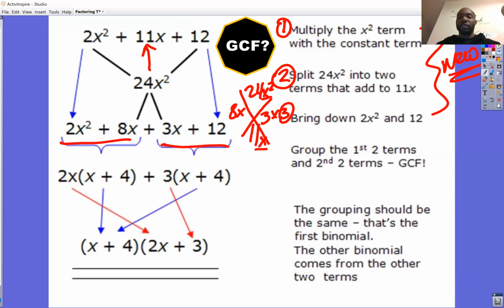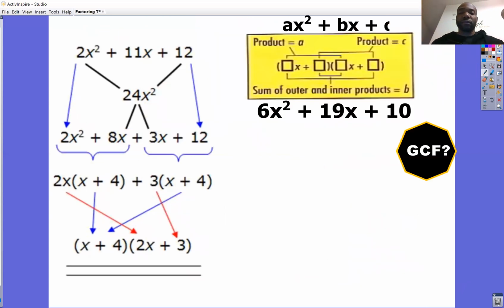All right, so I'm gonna do the same thing for the sake of time. What I forgot to say is the GCF. Oh, y'all, since this term is no longer 1, we have to now ask ourselves, is there a GCF? We have to ask ourselves that every time, because this term is no longer 1.